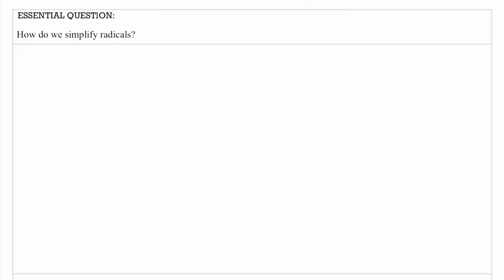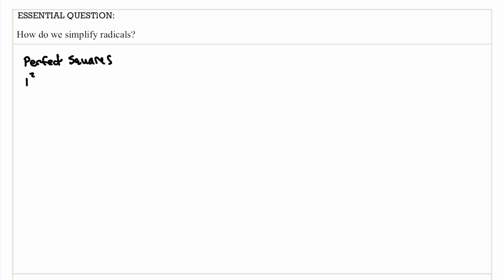So the first thing we want to look at there is what are the perfect squares. This is a list that you should have a lot of these memorized, but if you don't, it's really easy to create this list.